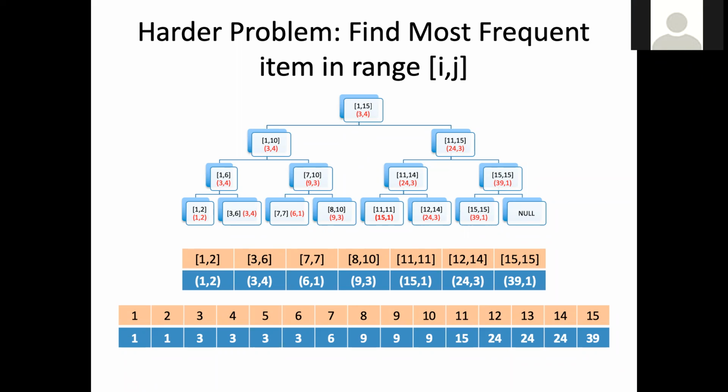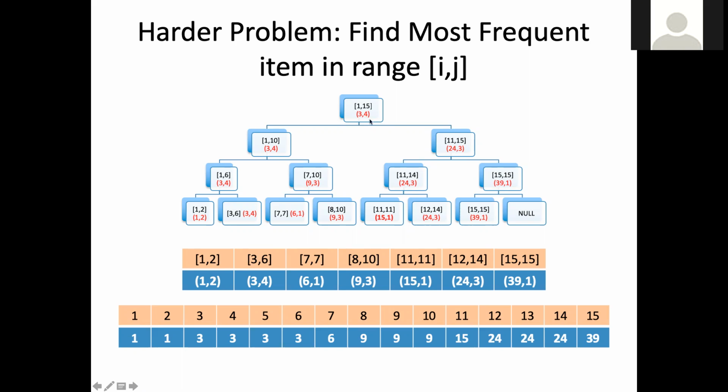The one that has a greater second number. Right, one that has a greater frequency. This guy has a frequency of 2, this guy has a frequency of 4, so it must be that one. This guy has a frequency of 4, this guy has a frequency of 3, so this must be frequency 4, right? And similar things happen here. 24 has a frequency of 3, 39 has a frequency of 1, so it must be 24. Are you with me?